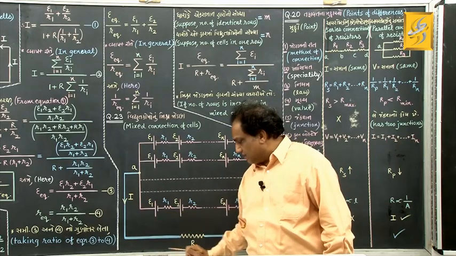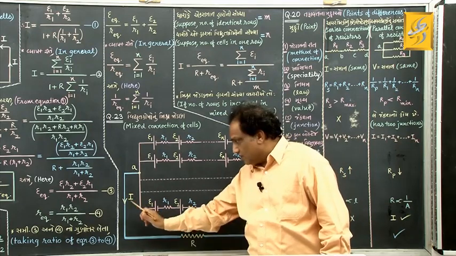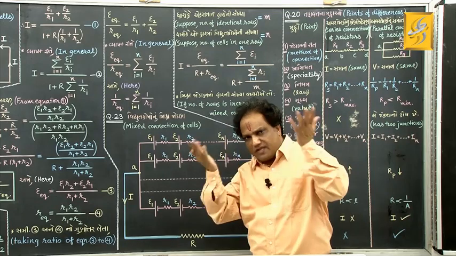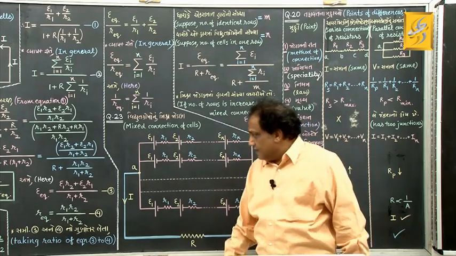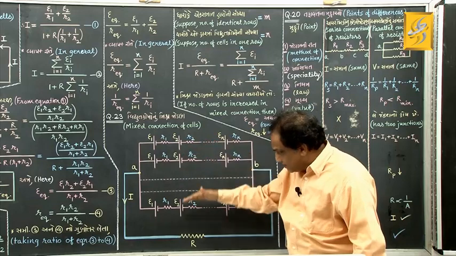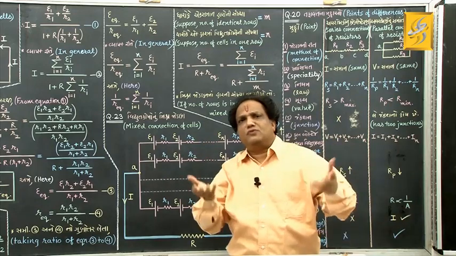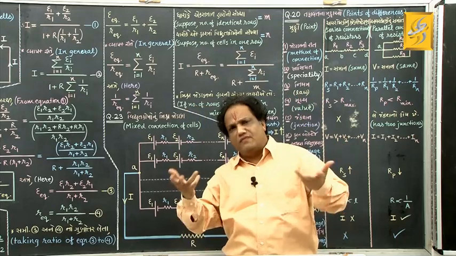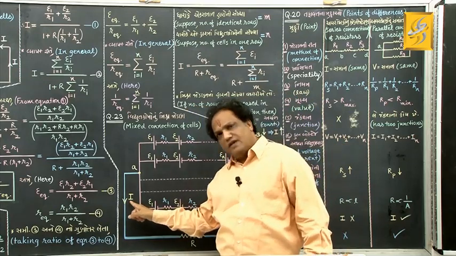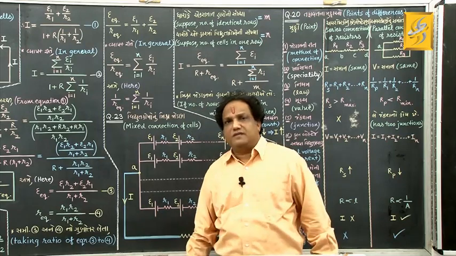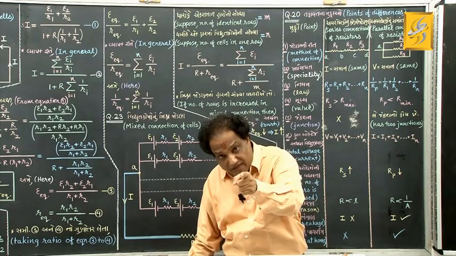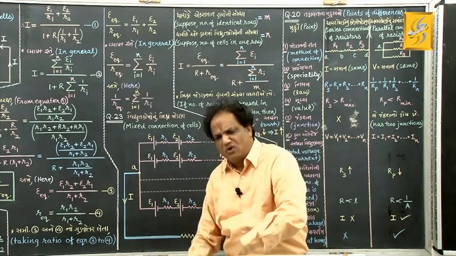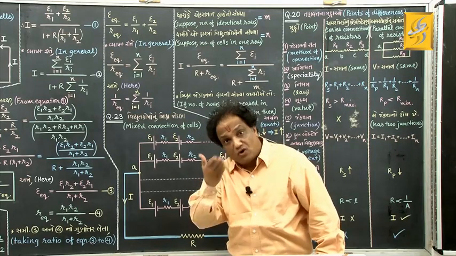This total current passing through this external resistance goes on increasing. Then you may think at first sight that if the number of rows is increasing, naturally we are using so many cells, and when the number of cells is increasing, definitely this current will increase. No, my dear, here current is not increasing because of an increase in EMF. No, EMF will remain constant.